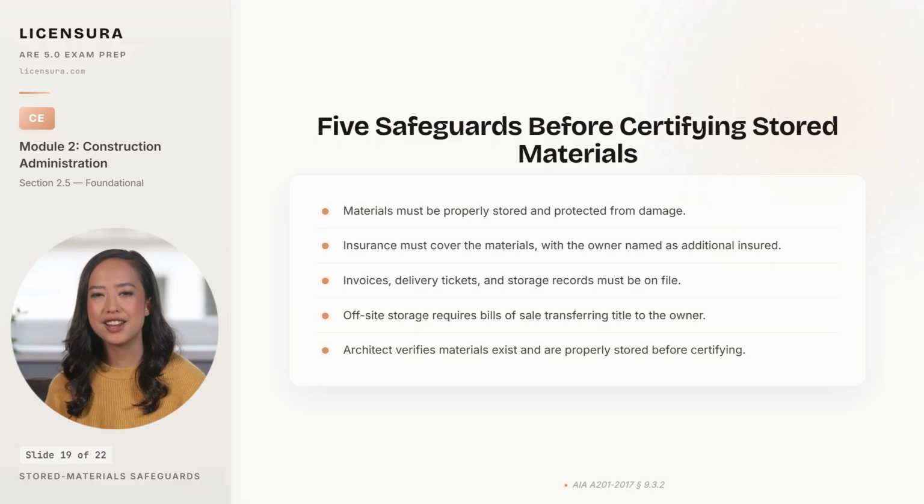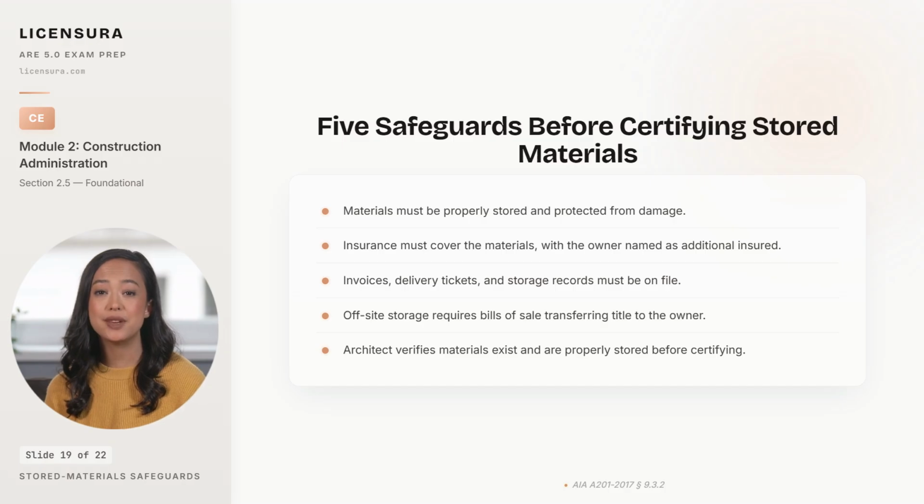This is one of the rare cases where the architect should physically check, not rely on the contractor's representation, because a contractor sued for fraud claims he meant to deliver. Many experienced architects recommend against paying for off-site stored materials at all, unless every one of these safeguards is airtight, and that recommendation is defensible on professional liability grounds.